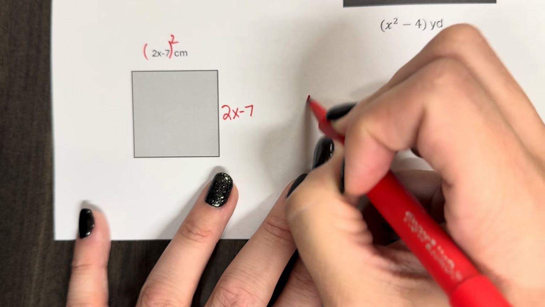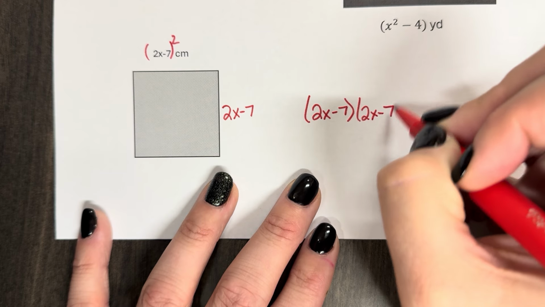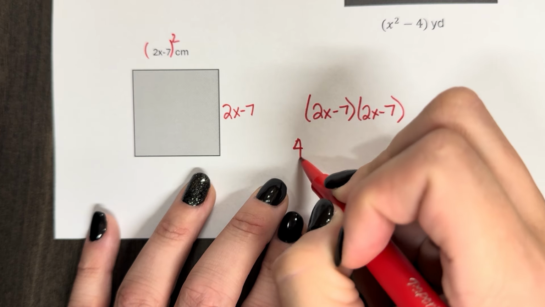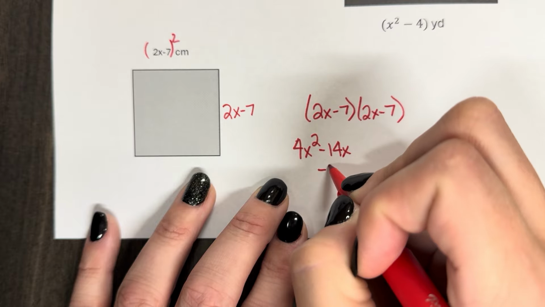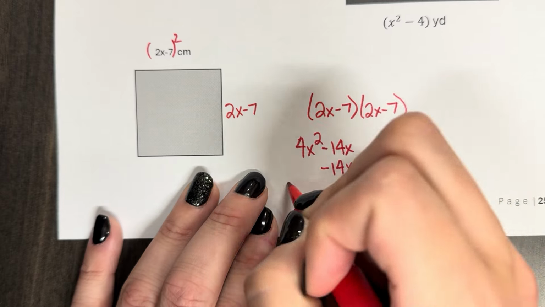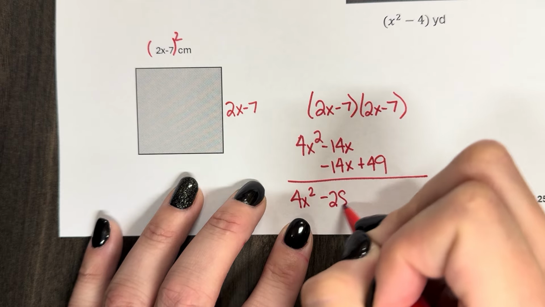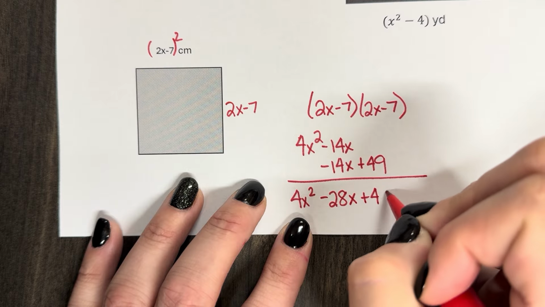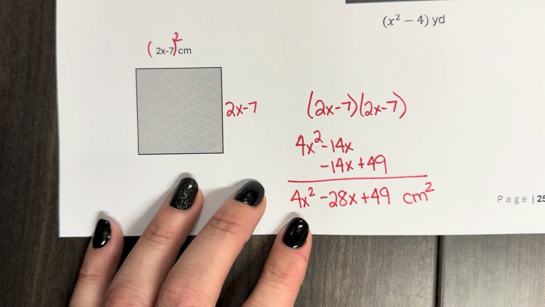The key is that, right, we still would go back to 2x minus 7 times 2x minus 7, and we would multiply out. So we'd get a 4x squared minus a 14x minus a 14x plus a 49. So we'd have 4x squared minus 28x plus 49. And we would have centimeters squared.